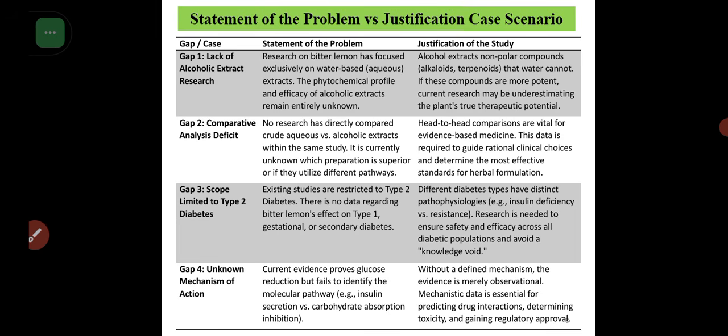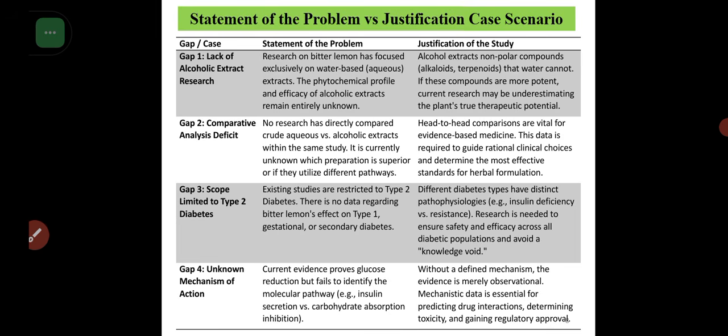Then let's justify that problem. Alcohol extracts non-polar compounds that water cannot. If these compounds are more potent, current research may be underestimating the plant's true therapeutic potential.